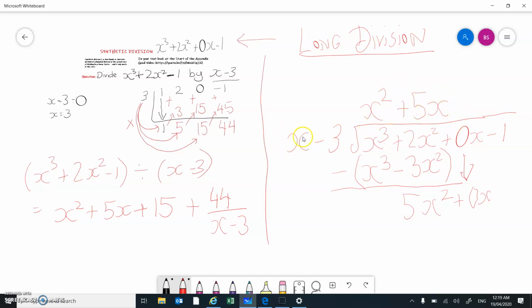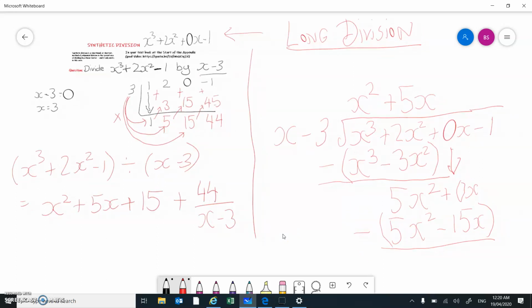Positive 5x times x gives us 5x squared. Then we multiply by the second term, which is minus 3. So positive 5x times minus 3 is minus 15x. We put a bracket around all of that, like we did above, and we put a minus, because that minus will affect everything inside.